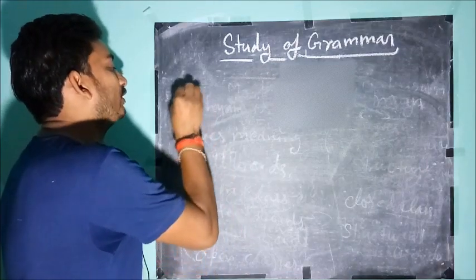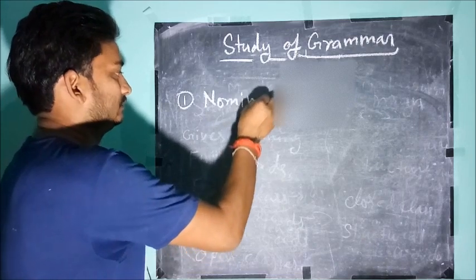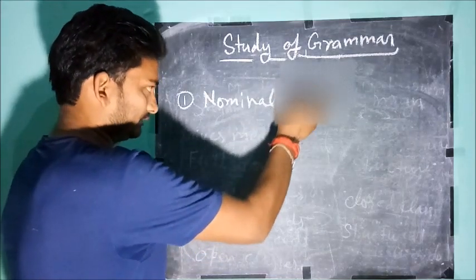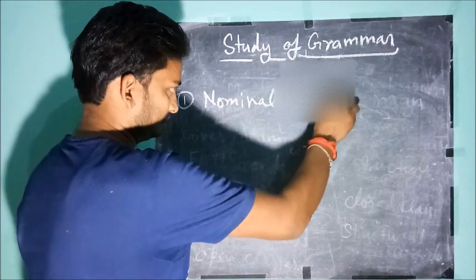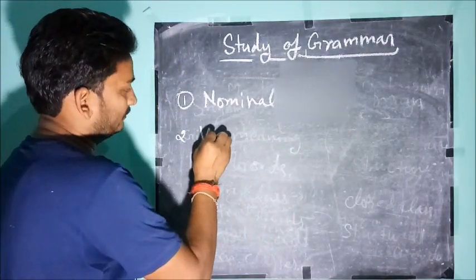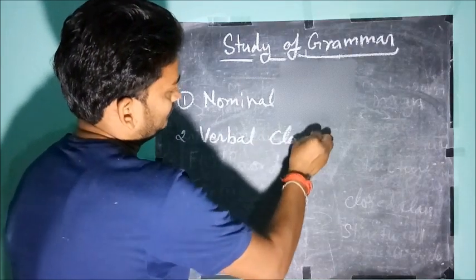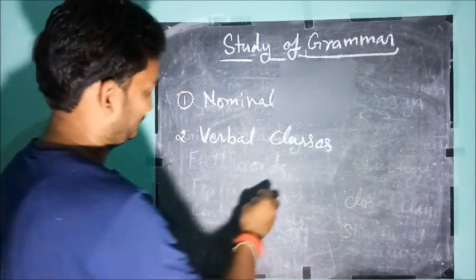Number 1 is nominal class, and the second one is verbal classes.